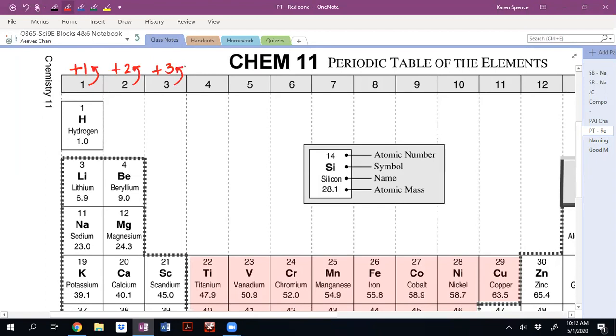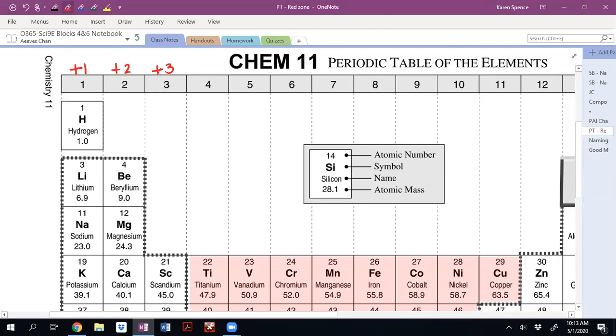That's because group 1 contains 1 valence electron, so it will lose 1 electron and become +1. Group 2 has 2 valence electrons. It'll lose those 2 and become +2. Group 3 has 3 valence electrons. It'll lose those 3 and become +3. Okay, so you've got +1, +2, +3.